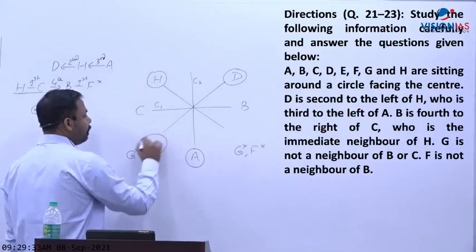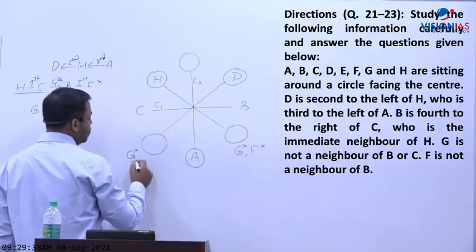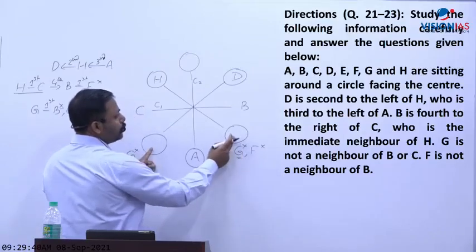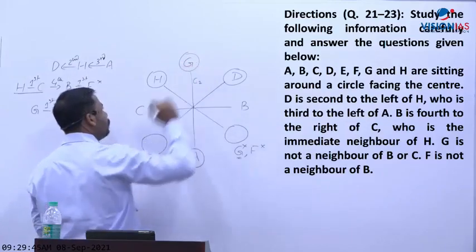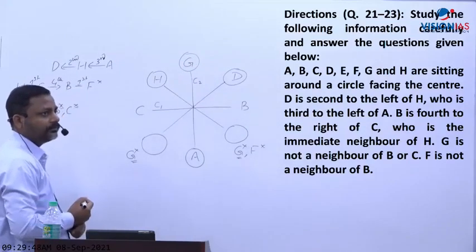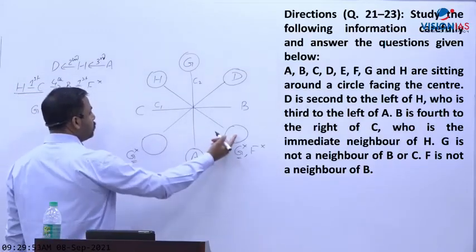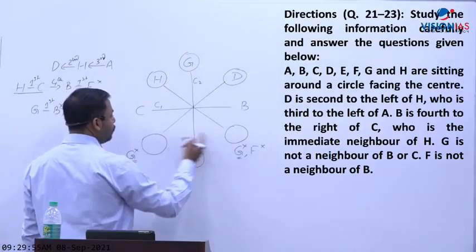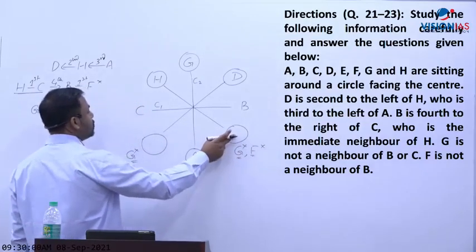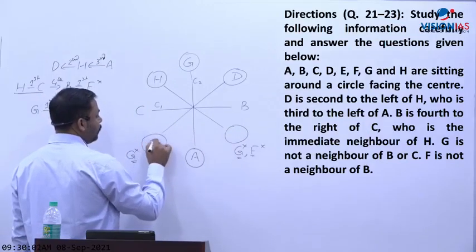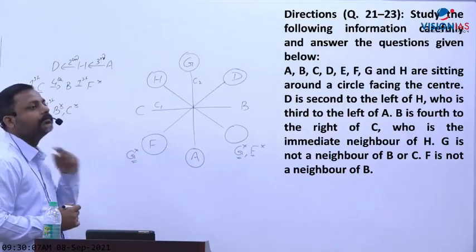So we were left with 3 vacant seats, and out of these 3 vacant seats, we cannot put G at these 2 positions. So the only vacant seat left for G is this, so we have to put G over here. Similarly, now we are left with 2 vacant seats and we cannot put F at this particular seat, so we are left with only 1 vacant seat to put F. So we will place F here.